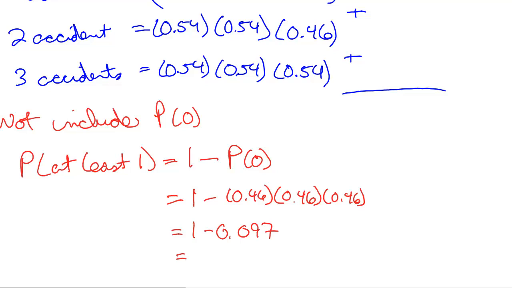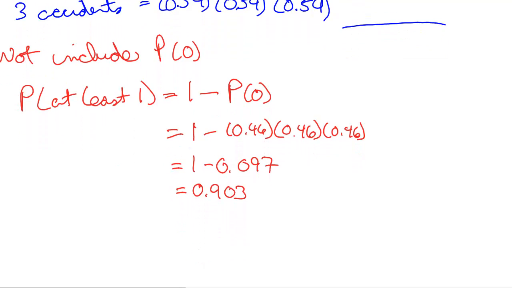If I take that from 1, that's going to be 0.903. So the probability that at least one accident is caused by driver error is going to be 0.903.